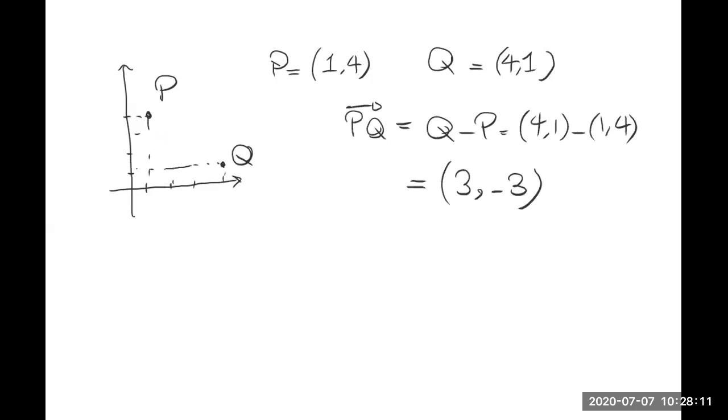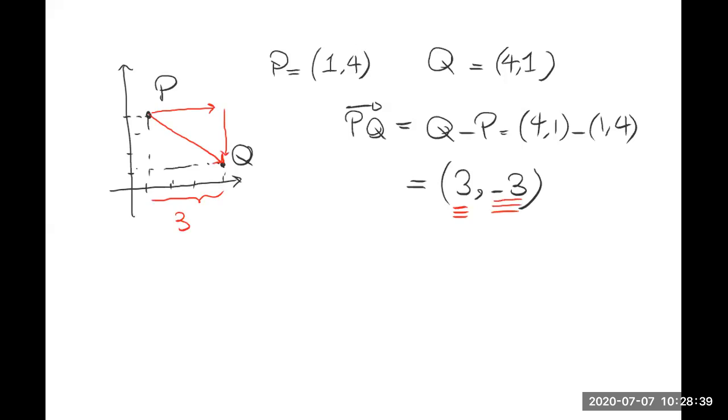What do these numbers represent? Look at the vector PQ. I can say the vector PQ goes forward by 3. This length is 3, right? It goes forward by 3. That's what the first component represents. And then it goes down by 3. Because it goes down by 3, that's what this component represents.